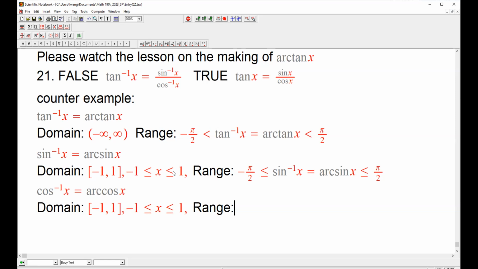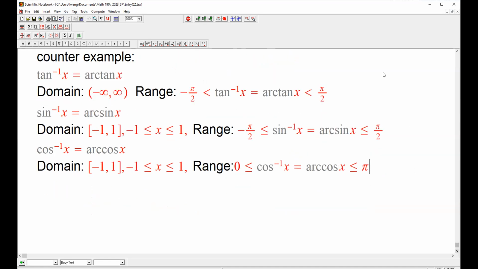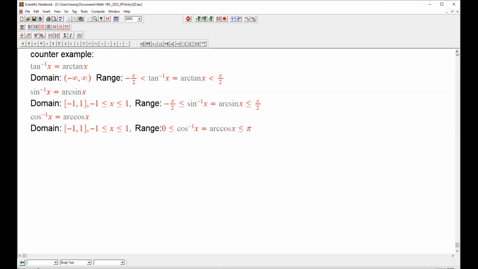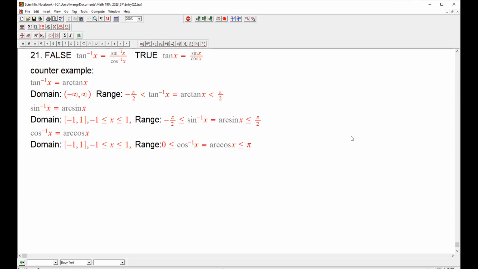The range, however, is between 0 and pi. If you have any issues with these questions, go watch those lessons. Those lessons have explained in detail about these issues, and you must know.